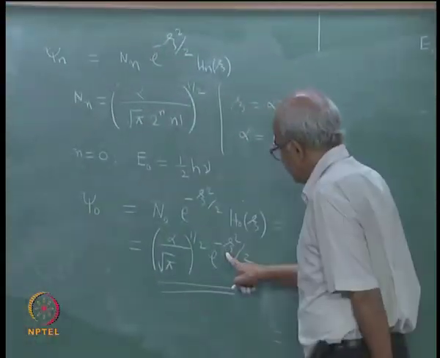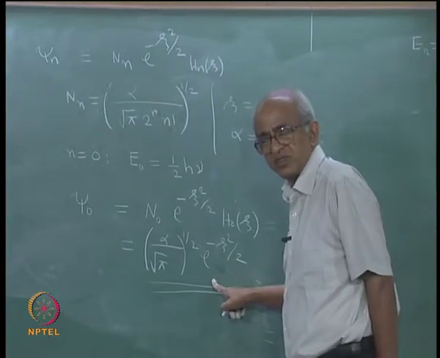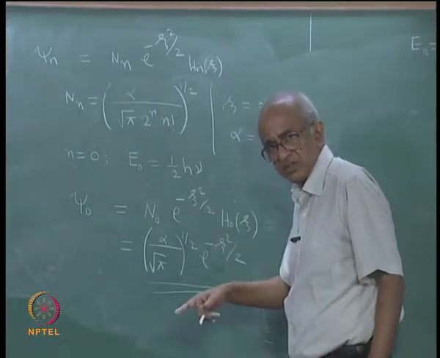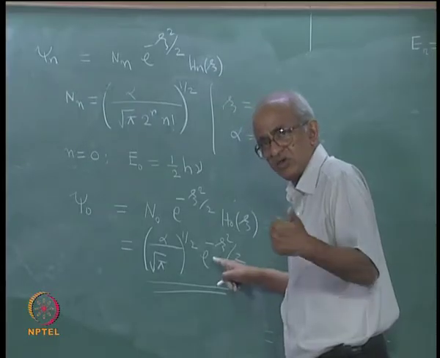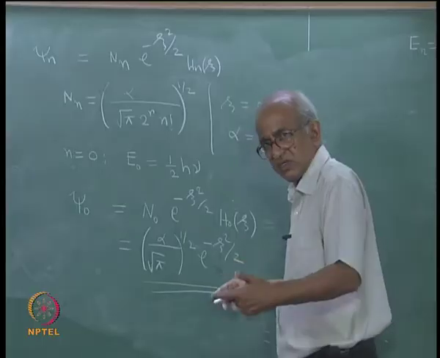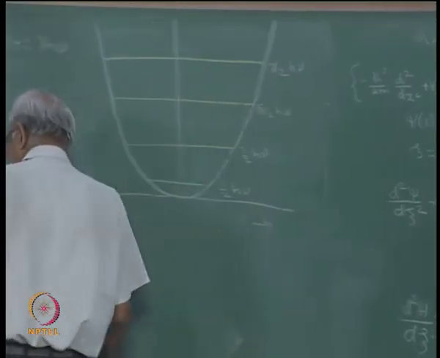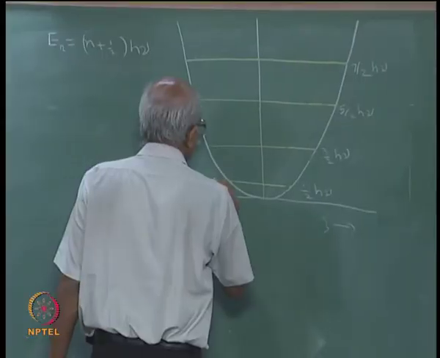When the value of c is equal to 0, it has the largest value, and as you increase the value of c in the positive direction, the function will decrease, or if you decrease the value of c in the negative direction, again c square will increase and therefore, the function will decrease. So, what happens is you will get a curve which looks like this.